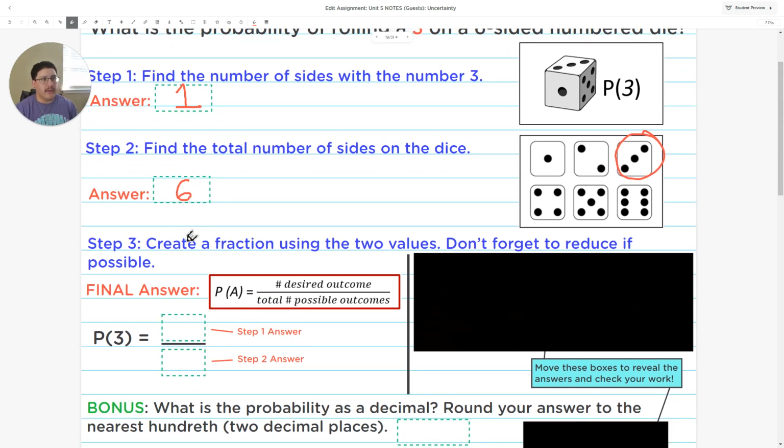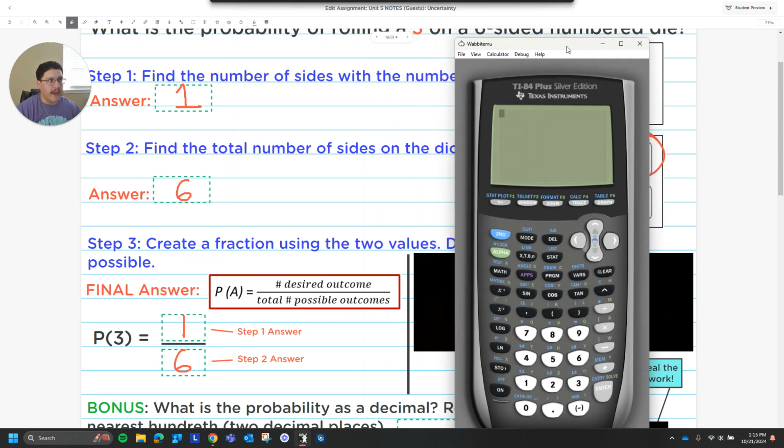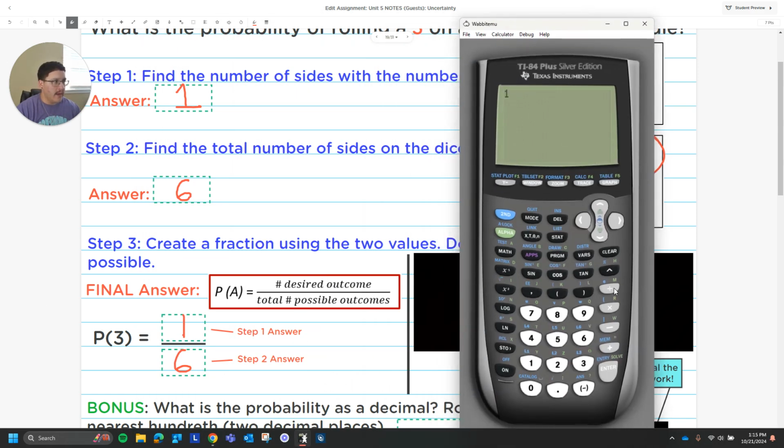Make a fraction from those two with the number of desired outcomes divided by the total amount of outcomes. 1 divided by 6. P of 3 stands for the probability of choosing a 3 in this scenario, equals 1 over 6. Now, plug it into the calculator just to check yourself and see if it'll reduce. 1 divided by 6.